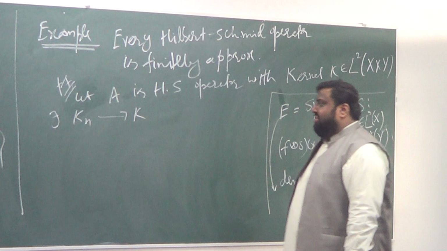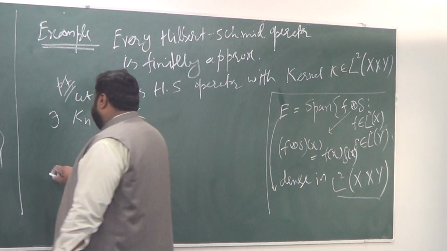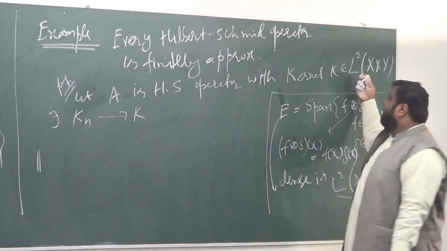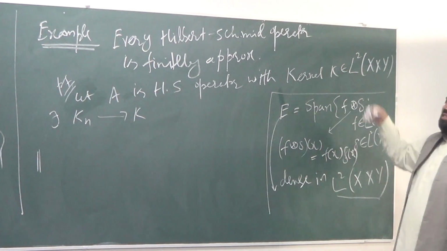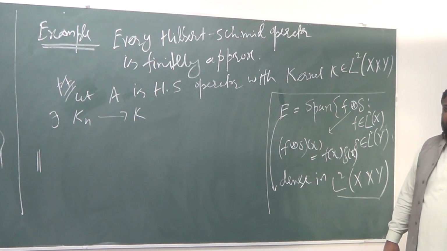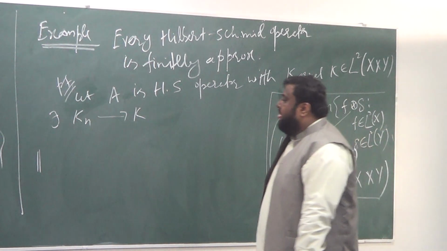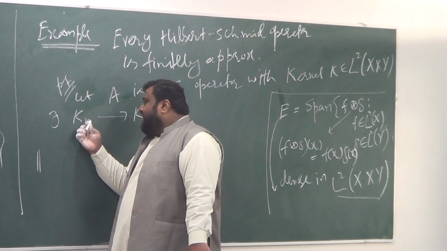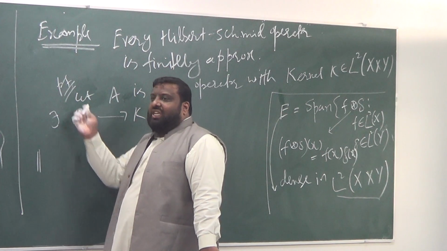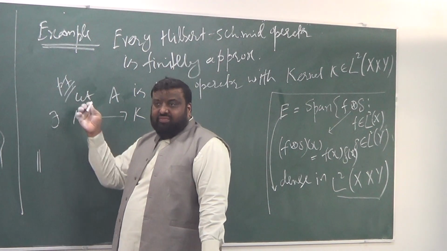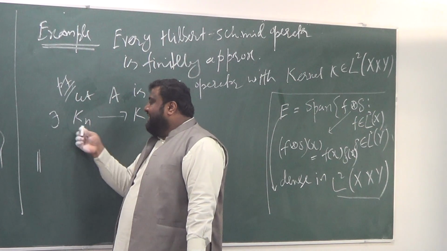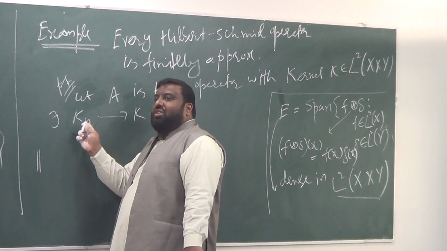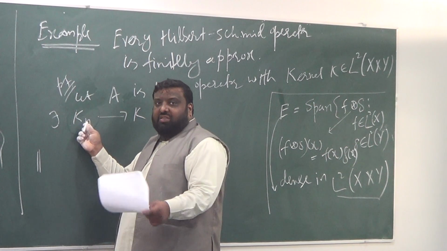Now we are in a position to write. Look at these Kn, they are also elements in E and hence elements in L2 of X cross Y. So we said these are finite. And now I can write: corresponding to Kn, you have a sequence An. And the operators corresponding to these Kn are finite dimensional operators.